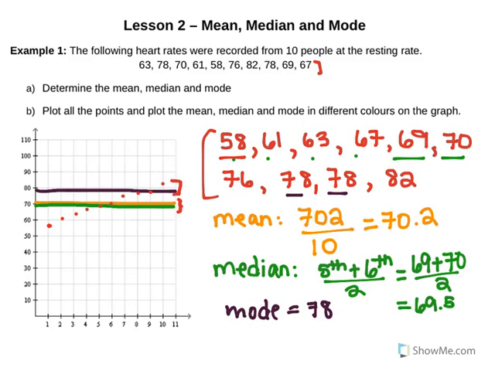This purple line is nowhere near the data. So the mode isn't necessarily always going to be our best central tendency if we're trying to look at all of the data together. If you wanted to figure out what was the most something happened, that would be its only kind of use. But the mean and the median are going to give a more approximate value for the middle numbers. So that's just a visual of those measures of central tendency.